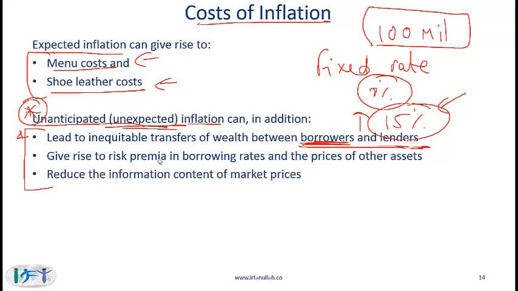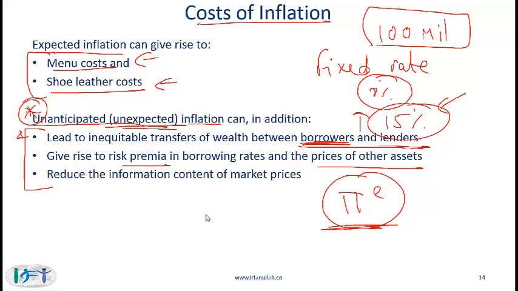If we have unexpected inflation, then this will give rise to risk premia in borrowing rates and the prices of other assets. The point is that if we as investors are unsure about expected inflation, then we will demand a premium when we invest, and that premium will be the premium associated with unexpected inflation rates.